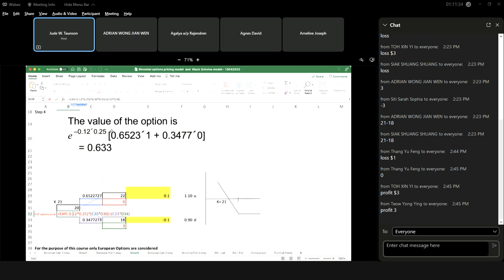Bracket, times the probability, this is wrong, the probability going up times the option value, 0. In this case, 0. Plus the probability going down times the option value, 3. And this is the price of the put option.